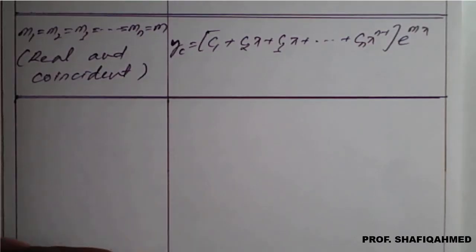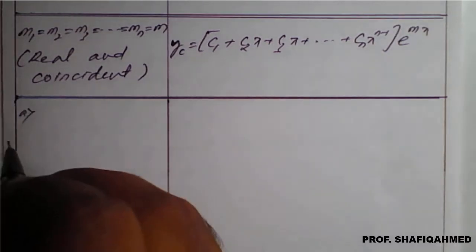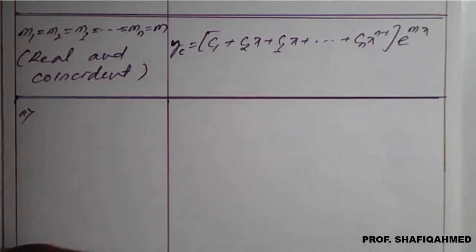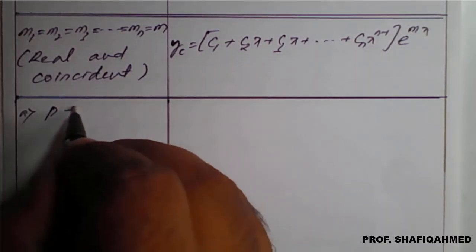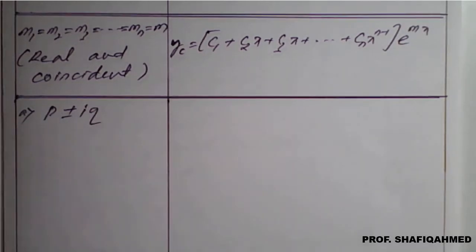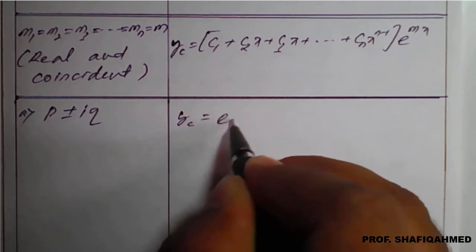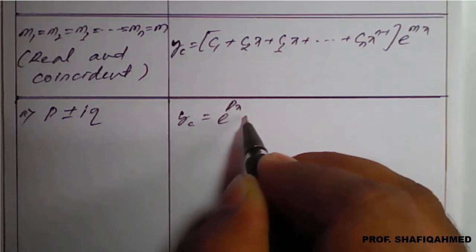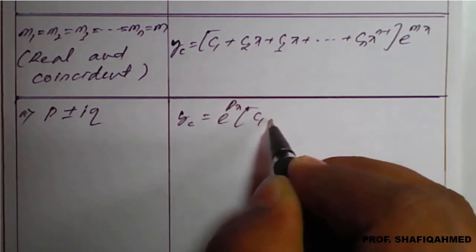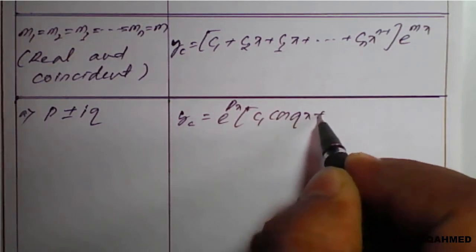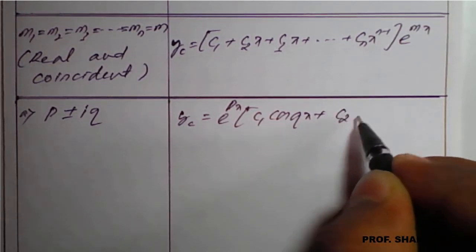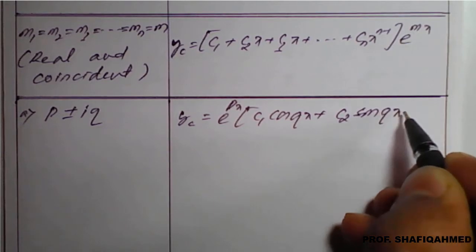Now we'll see, one by one, the cases when the roots are complex. The first root may be like p plus iq. At that time the complementary function will be e raised to px into c1 cos of qx plus c2 sine of qx.